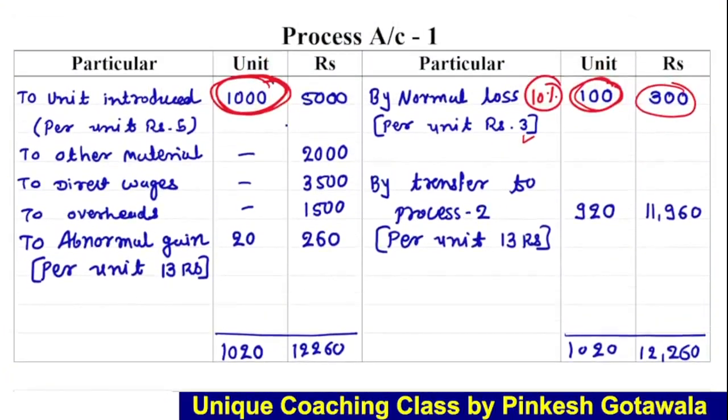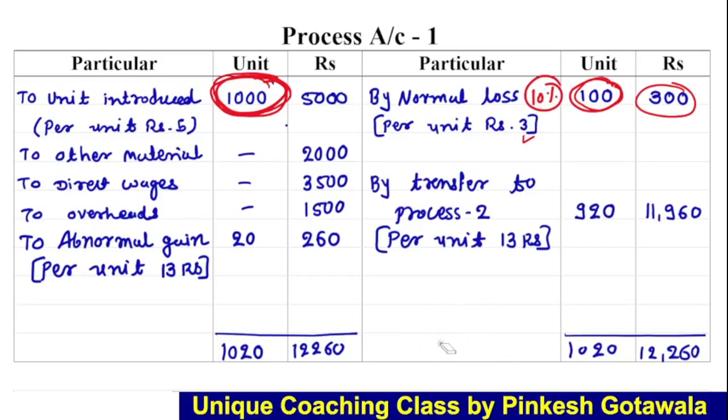When they start the process, they know that if they introduce 1000 units, 10% will be normal loss. So at the end of the process, they will get 900 units. 100 will be loss; they know very well that 100 units will be lost and 900 units will be produced.